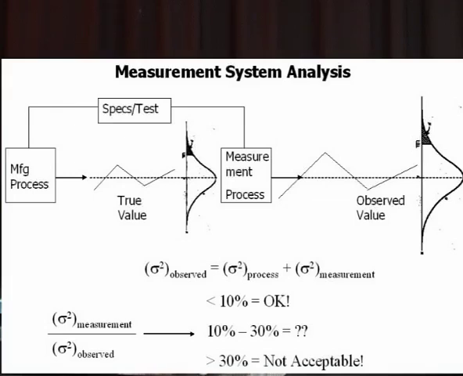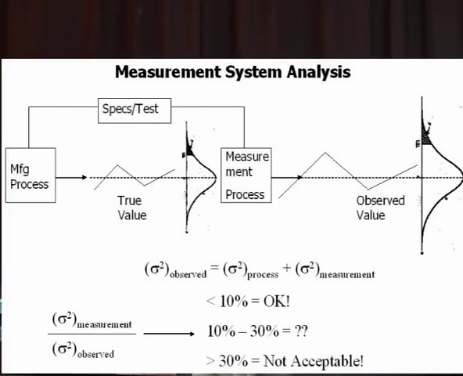Now, if that ratio is, say, less than 10%, we may consider it an acceptable measurement system. If it is greater than 30%, we may consider it an unacceptable measurement system. And if it is between 10% to 30%, we may take a call depending on the risk to the patient, the risk level of that particular measurement.